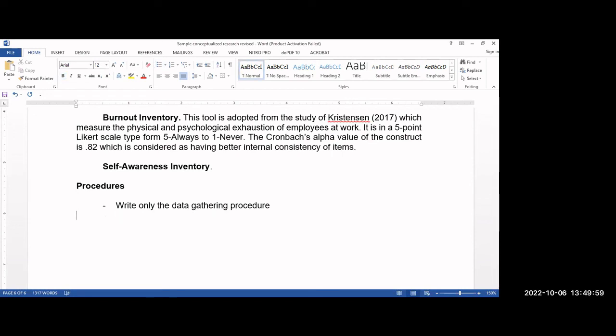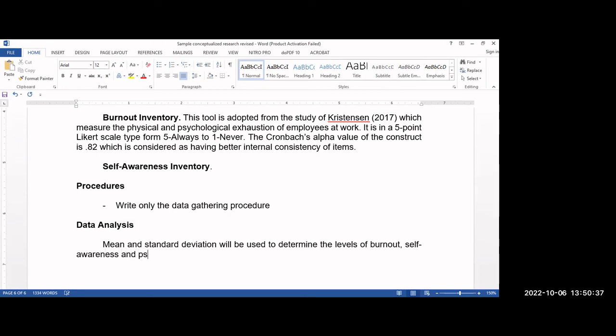And then the last is the data analysis. So kasi statistics ito. So you have to specify the appropriate statistics, okay? Like mean and standard deviation will be used to determine the levels of burnout, then self-awareness, and psychological well-being.